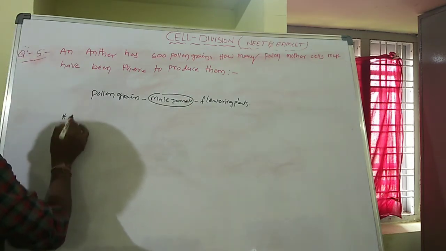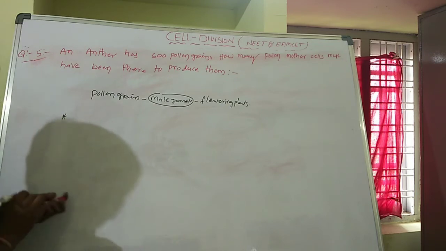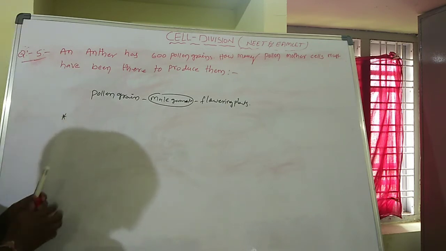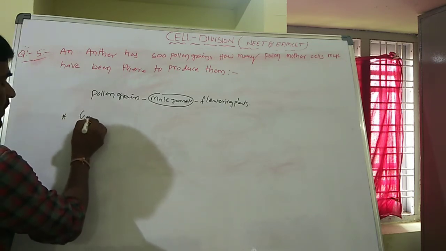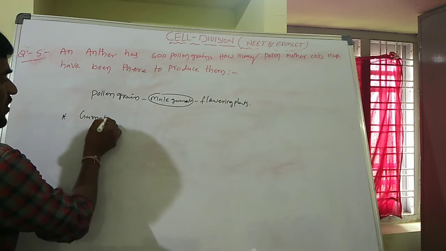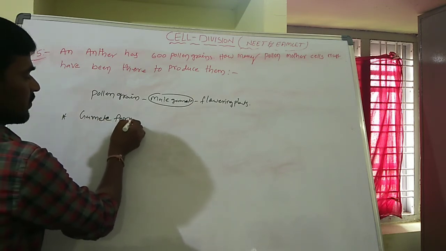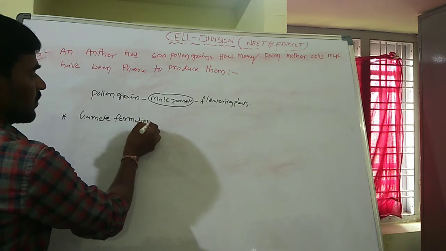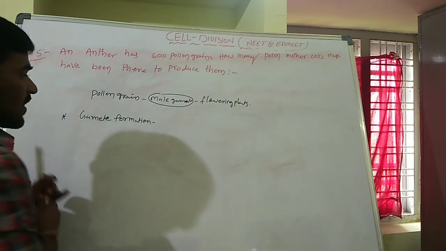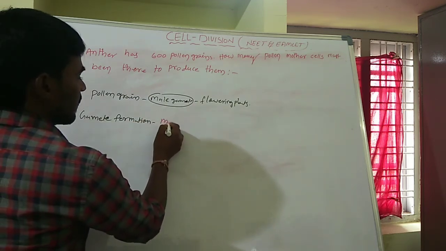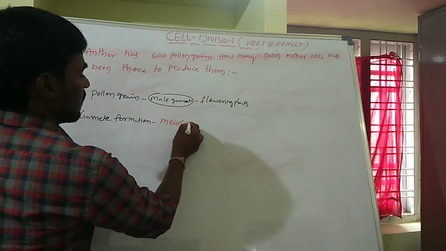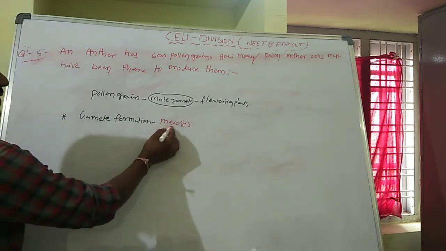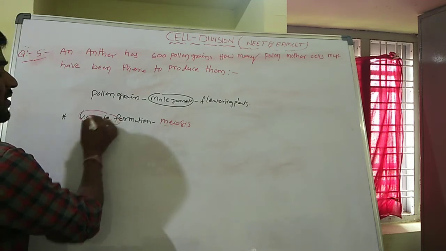The important thing is, for gamete formation, the division is meiosis. Which division is essential for the formation of the gametes?